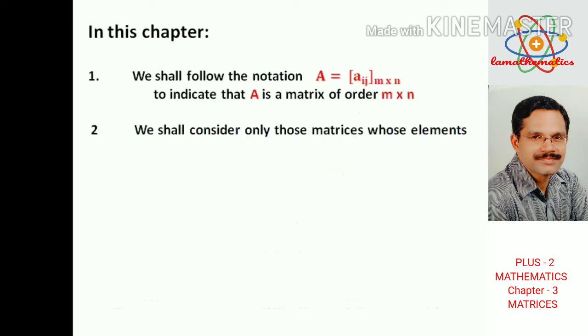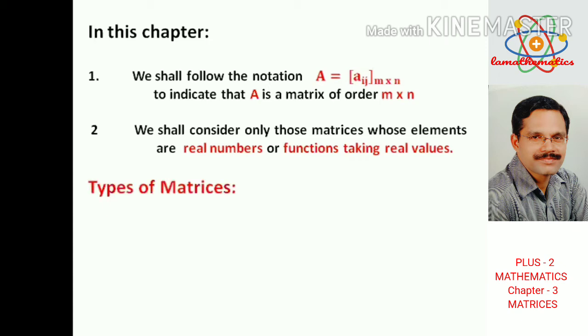Second, we shall consider only those matrices whose elements are real numbers or functions taking real values. ഈ സെക്ഷനിൽ നമ്മൾ നൊട്ടേഷൻ നടത്തുന്നത് ക്യാപിറ്റൽ എ ഈക്വൽ ടു മാട്രിക്സ് എ ഐ ജെ എം ബൈ എൻ. എം ബൈ എൻ ഓർഡറിലുള്ള എം റോയും എൻ കോളവുമായിട്ടുള്ള മെട്രിക്സിനെ നാം ഡിനോട്ട് ചെയ്യുന്നത് ക്യാപിറ്റൽ എ ഈക്വൽ ടു എ ഐ ജെ എം ബൈ എൻ. കൂടാതെ we shall consider only those matrices whose elements are real numbers or real functions taking real values.